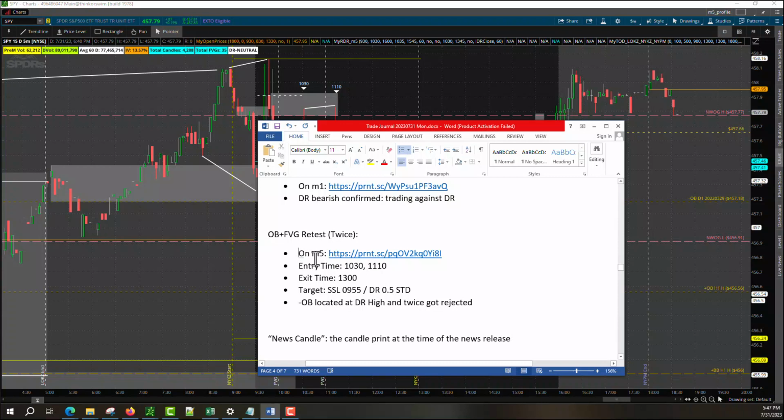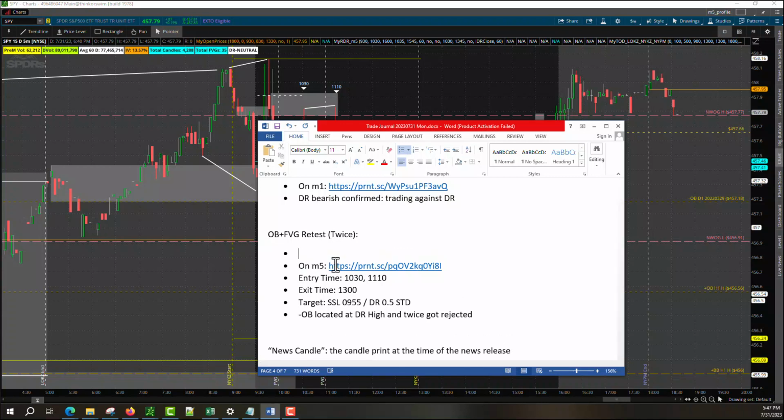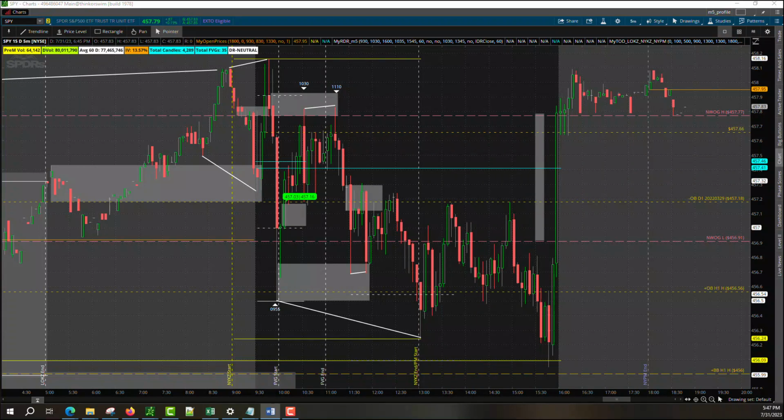And we have a condition, buy side liquidity taken right before that. That's the best setup that we see so far.